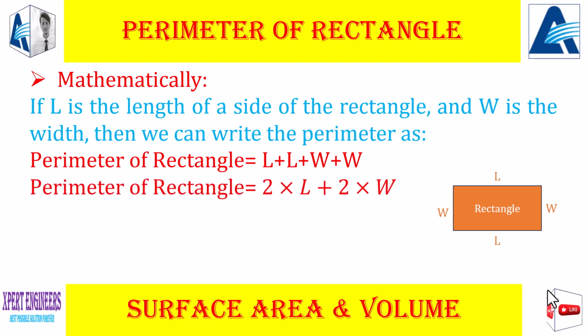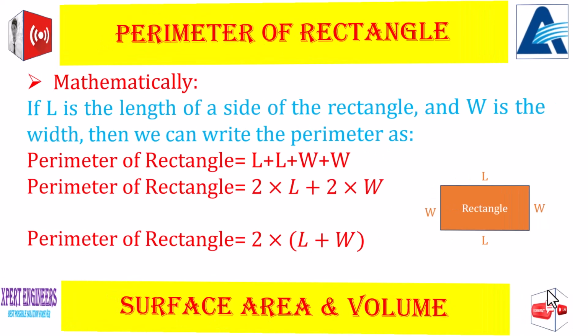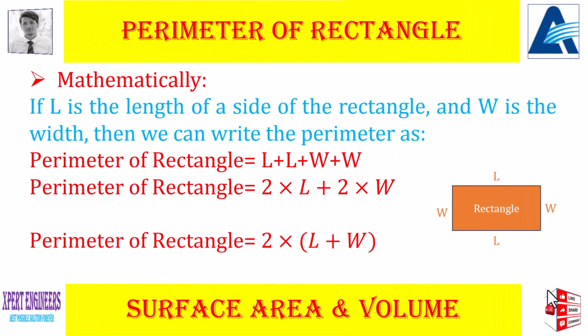As we have two lengths and two widths that are equal, we can write it as 2 into length plus 2 into width. We can further simplify the above expression as 2 into (length plus width). This is the final expression for the perimeter of rectangle.